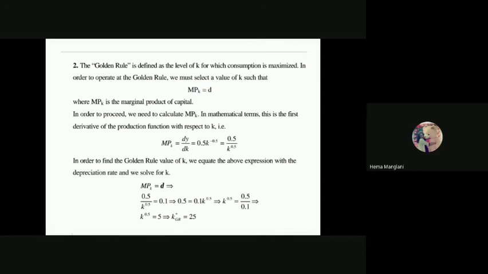But we always need to assess our production function. The production function still has potential to raise this k star or the saving. When both slopes, the production function slope and the depreciation slope, are parallel, by that time you can stop your capital investment, and then you are reaching the k star of golden rule, which gives us 25.